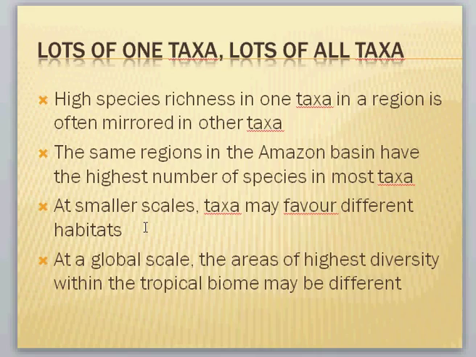Okay, but even though they are in different habitats but within the same area, they still reflect that high species richness. So there'll be high species richness of birds and also high species richness of fish.